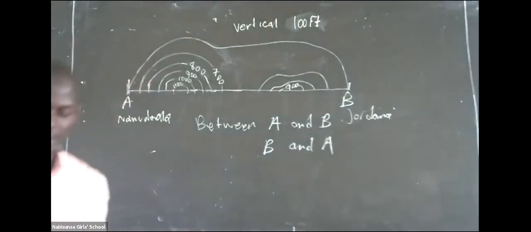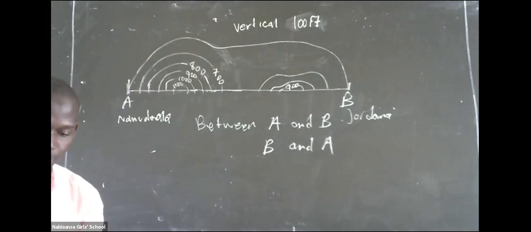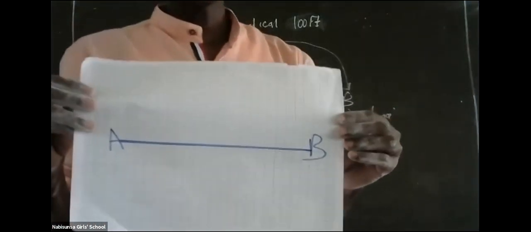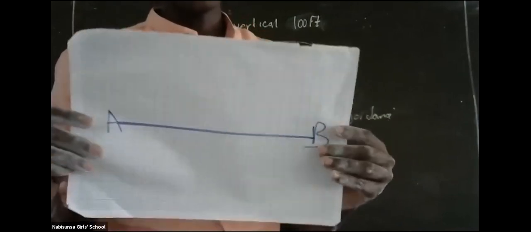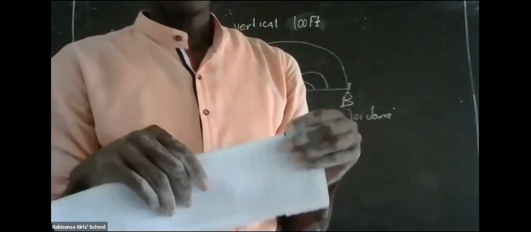Let me write here A and B. Assuming this is my ruler here, let me join the two points. Now, Shadia, look at this paper. When they say draw a cross section from A to B, this is how I'm going to do my work.